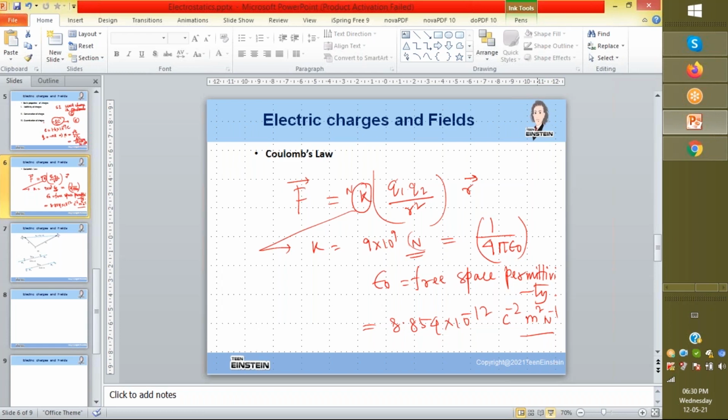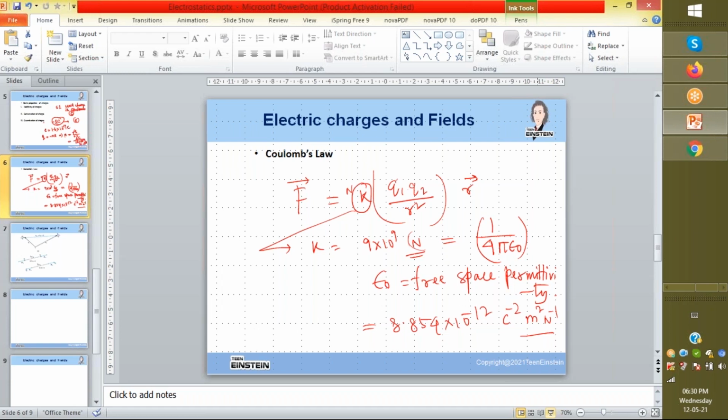So if one charge Q1 is here and another charge Q2 is here, the direction of the force will be parallel to this line. Now there are two kinds of forces. As you know, there could be positive and negative charges, or positive and positive charges. I'll come to that point after a while.